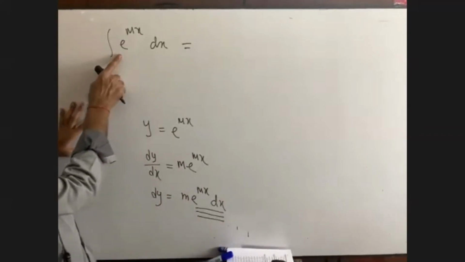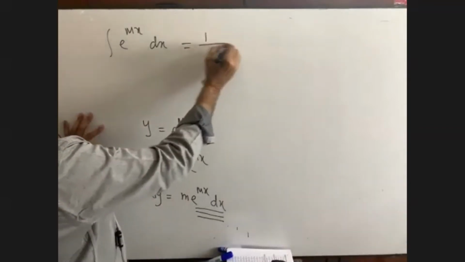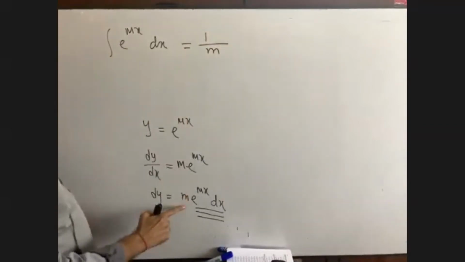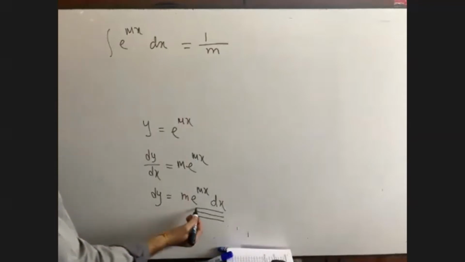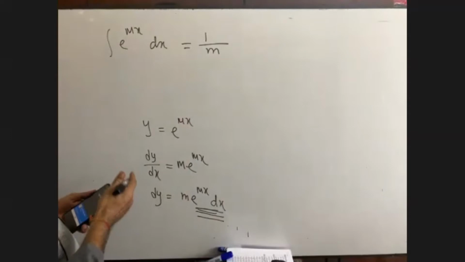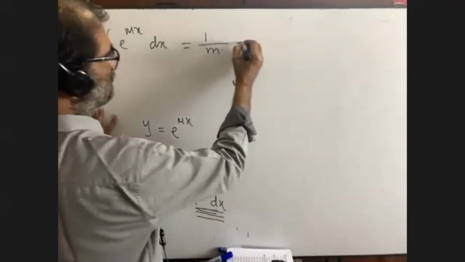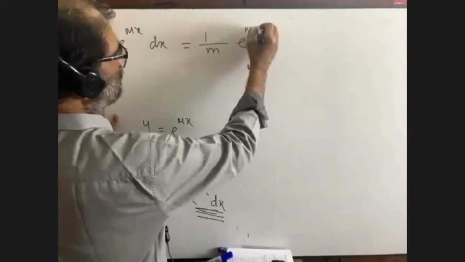There is no m here. So at first we have to write down 1 by m. We are going to find this value. Anyway, 1 by m e to the power mx plus c.